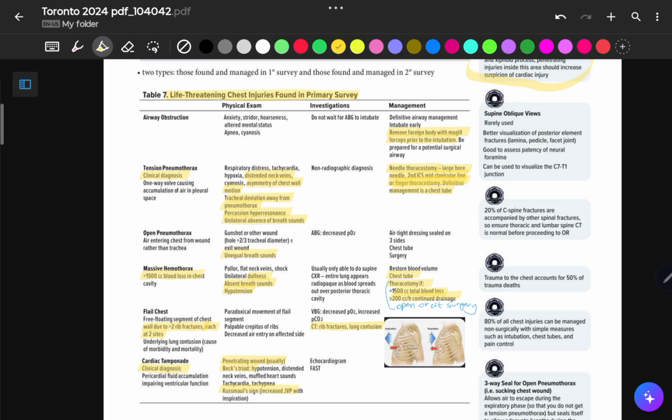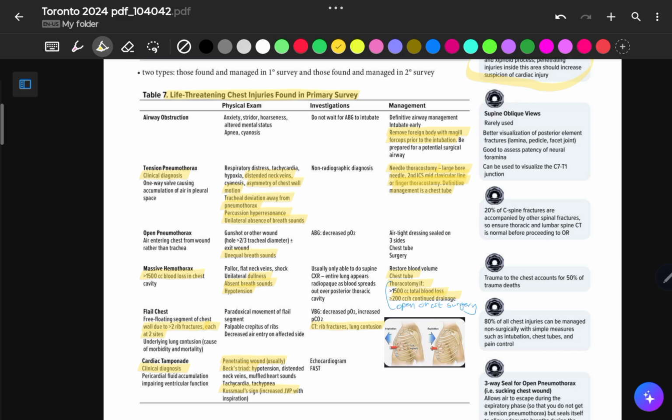So you want to do your ABC and intubate if you need to. Insert a definitive airway, early intubation, and remove the foreign body with a Magill forceps prior to intubation. If you can see the foreign body, remove it, and always be prepared for a surgical airway.